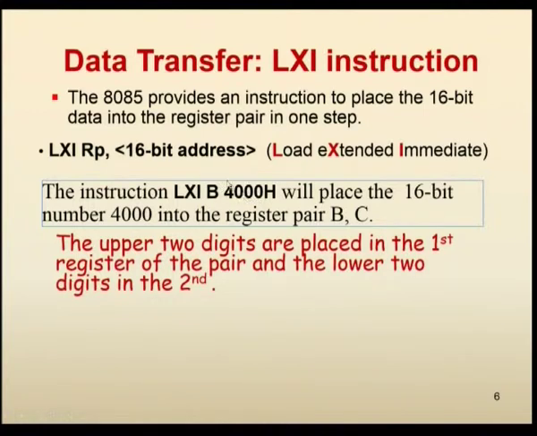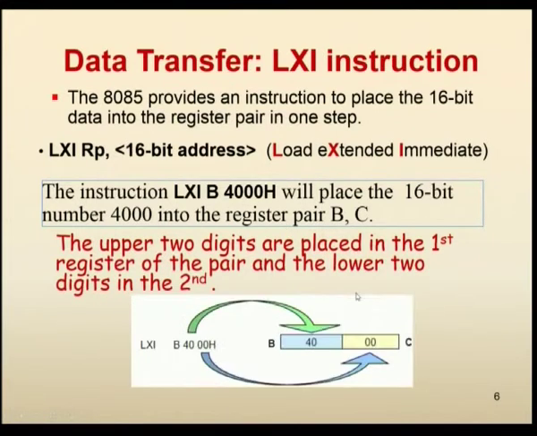The upper byte will go to the B register and the lower byte will go to the C register. You can see here LXI B 400H. After the execution of this instruction, this 40 will go to the B register and then 00 will go to the C register. So, this is the LXI instruction.